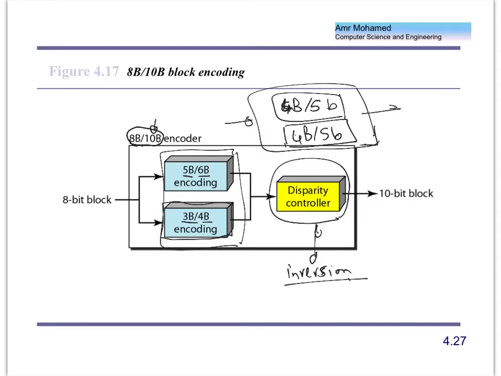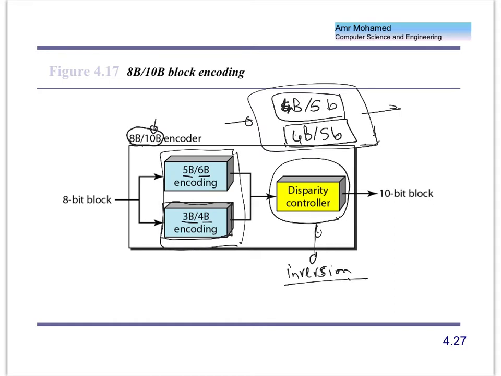As we have talked about in other line coding techniques, if I find that the number of positive voltages is more than the number of negative voltages, the next sequence can be inverted, such that we introduce more negative voltage than positive voltage, in which case we balance and keep the baseline exactly in the middle.